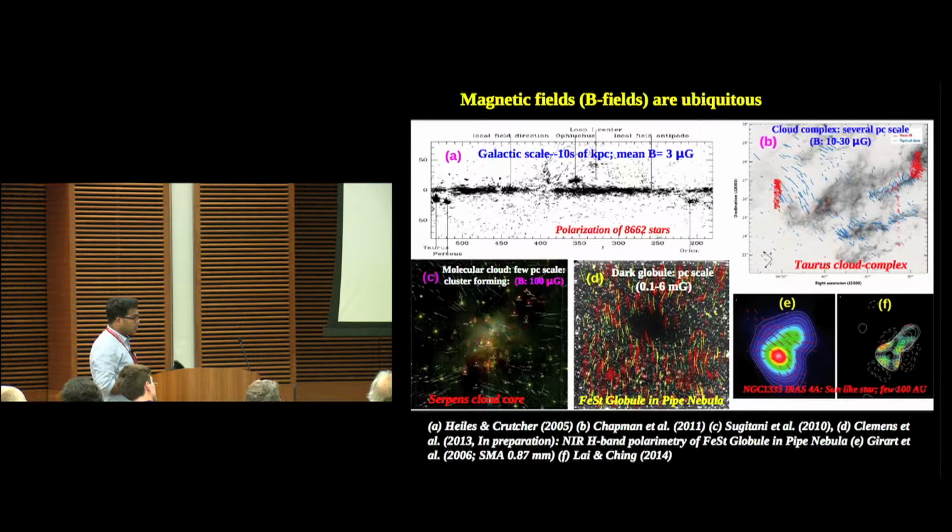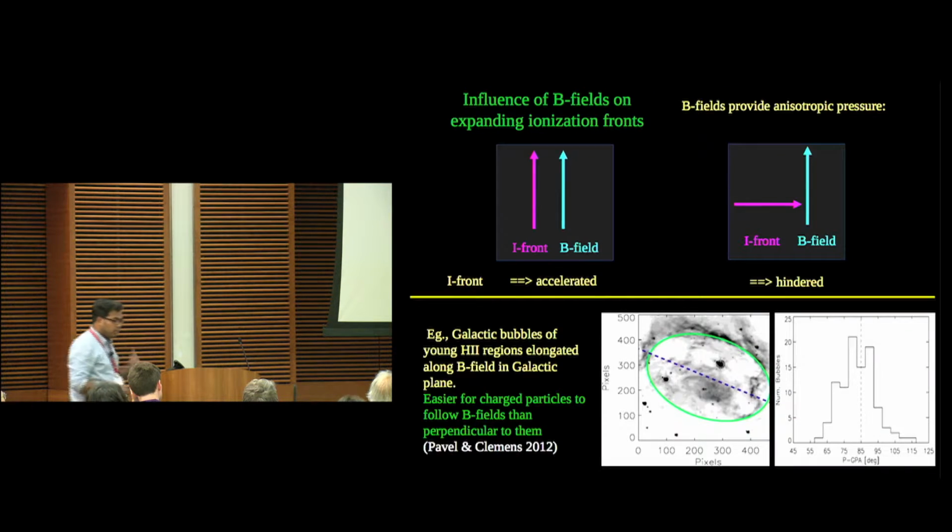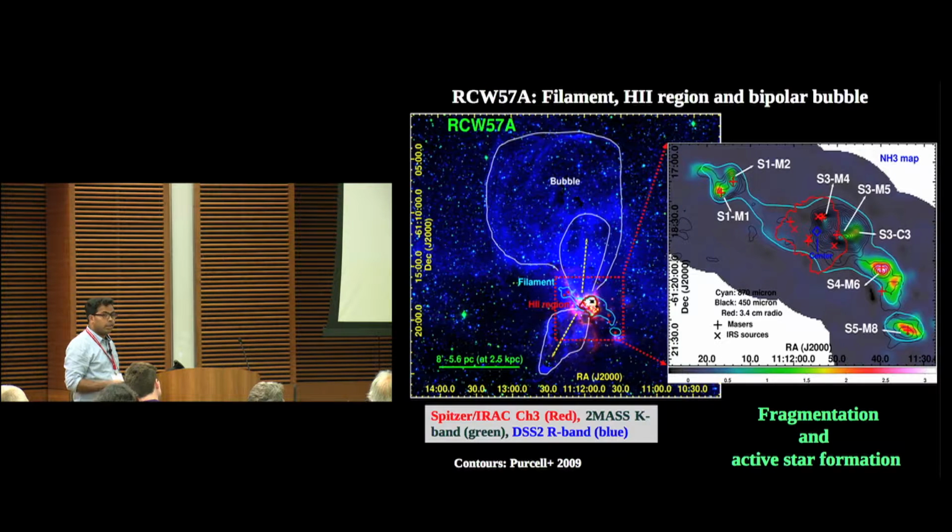On even smaller scales, magnetic fields are extremely important from formation to fragmentation and collapse, and also in channelizing the outflows. If you have magnetic fields along the expansion of ionizing fronts, the ionizing flows will be accelerated more than in the perpendicular direction. One of the implications is that young H II regions are found to be elongated along the galactic plane.